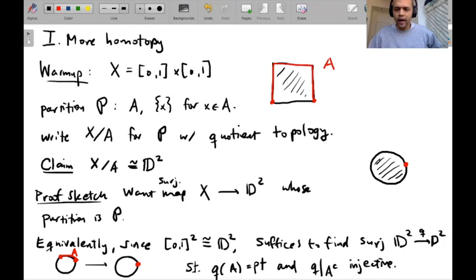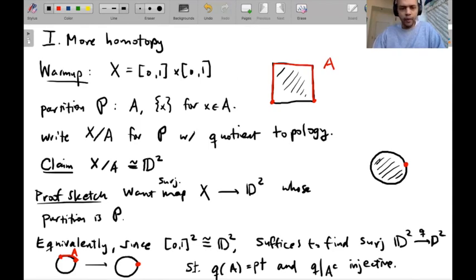If we have these two conditions, then the associated partition has just one non-trivial partition element, which is A, and the rest of them are singletons. We then conclude that the space we get by collapsing this arc A to a point is just the disk.